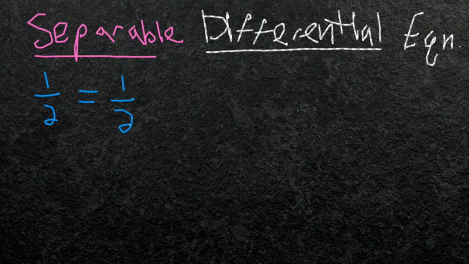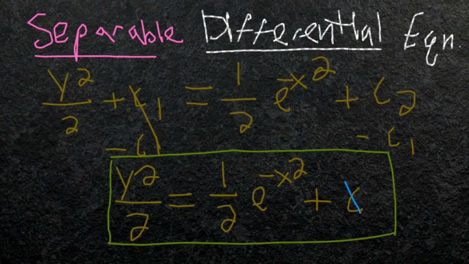Well, that's just going to be 1. This is going to be 1/2 plus c. And just like that, we're able to figure out, if you subtract 1/2 from both sides, c is equal to 0.